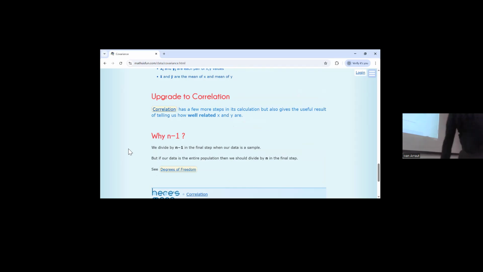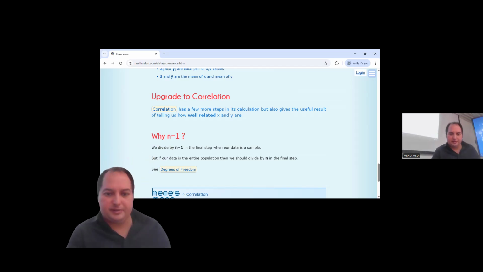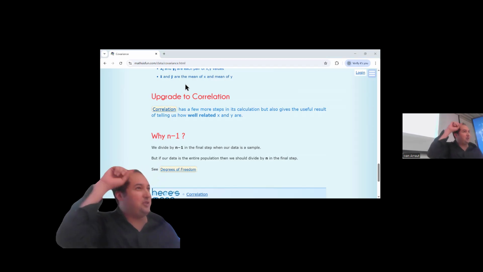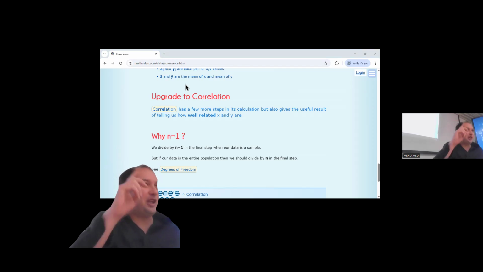So anyway, let me show you something else about correlation. I will share with you a textbook. This textbook is very nice. It's for business, but it has some mistakes. Actually, if you go through the textbook, it has some typos, serious typos.